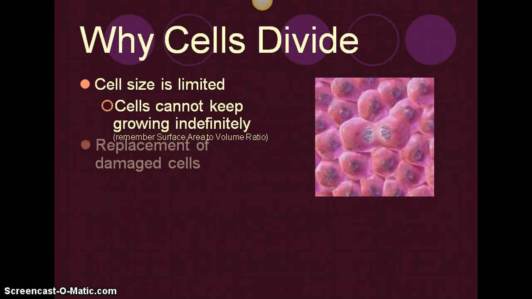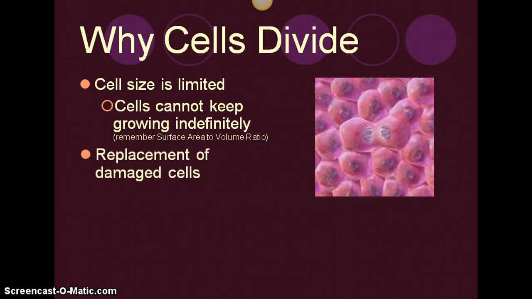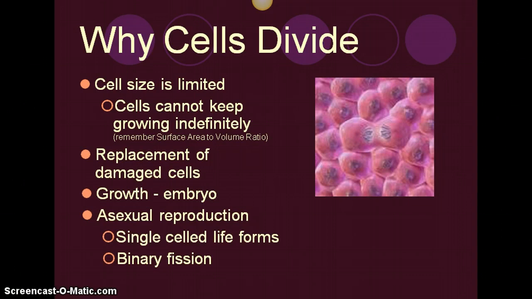Because of that, they will replace or repair any damaged cells, or if you're growing, they will just make more of themselves to allow you to grow. If it is a single-celled organism, then it will replicate as asexual reproduction. So it depends on which type of organism it is.